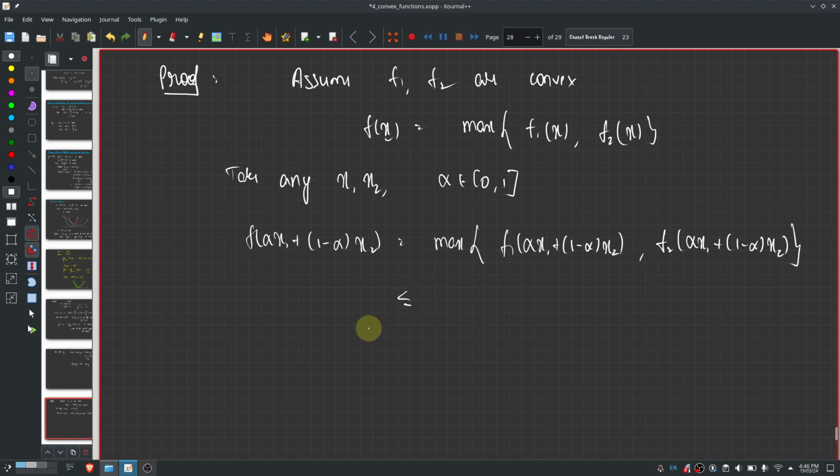So first let's just apply the property that both f1 and f2 are convex. I know that both these are convex. So each of these is less than or equal to alpha f1 of x1 plus 1 minus alpha f1 of x2, and alpha f2 of x1 plus 1 minus alpha f2 of x2. So the maximum should be less than or equal to the maximum of those two quantities.